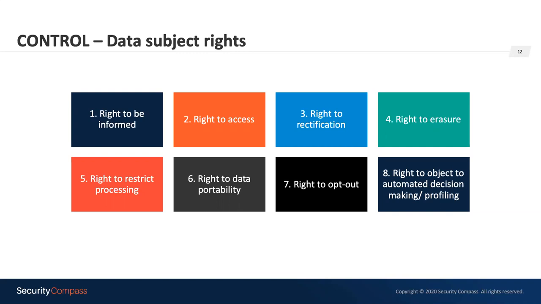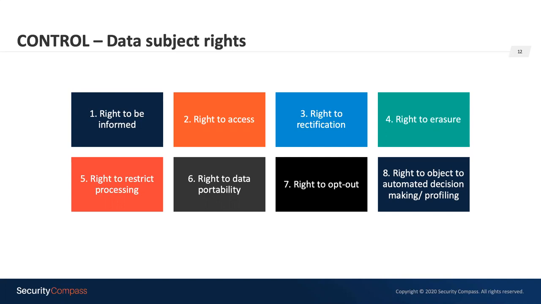Next is the right to restrict processing, and this is a unique data subject right to the GDPR, where individuals have the right to request restriction or suppression of their personal data. The right to data portability ties into the right to access, which allows individuals to obtain and reuse their personal data for their own purposes across different service providers, vendors, or IT systems.